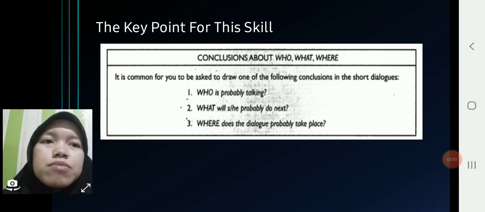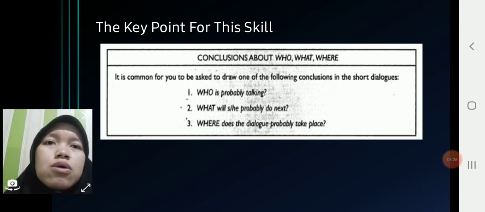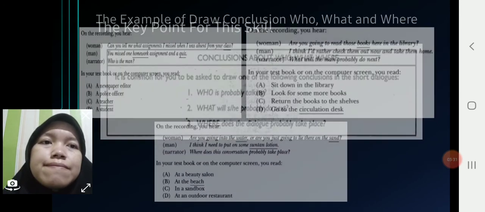Who is probably talking? What will he or she probably do next? And where does the dialogue probably take place? This is the key point for you to know and to master this skill. Skill 4, draw conclusions: who, what, and where.